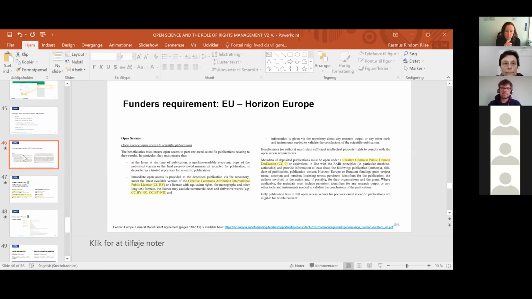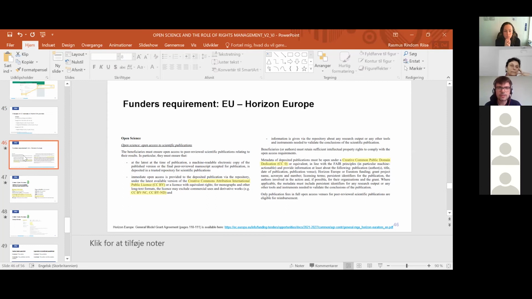And now I just want to mention the requirements from funders, because due to Coalition S and Plan S, the plan to make funded research open access, the requirements have become stricter also regarding which license is applied to the content funded by these funders.